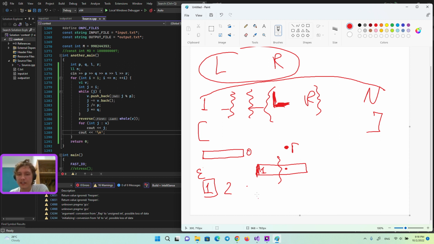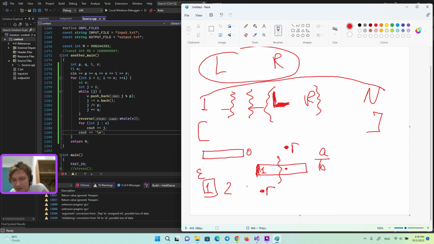So always when I multiply it by r, okay, assume that this is not a whole number. So this is some sort of fraction.